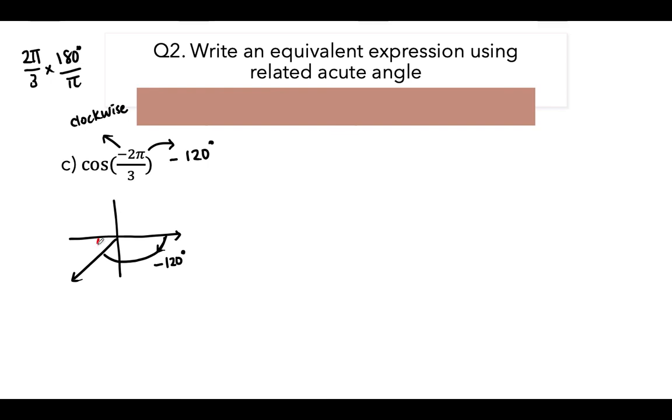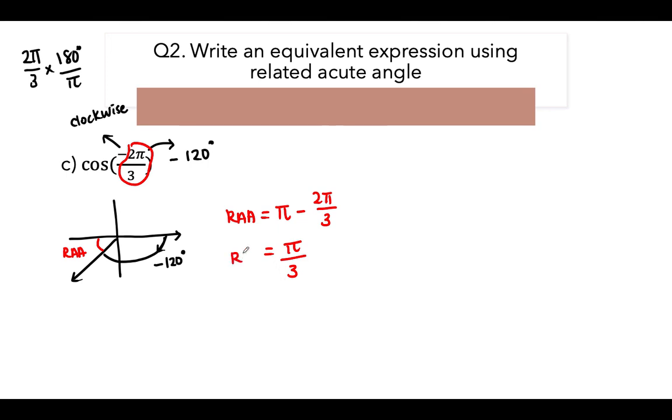Now we have to find the related acute from the x-axis to my terminal arm. So related acute in this case is pi minus, now don't worry about negative, we're not going to include negative. We're only considering the angle, which is 2 pi over 3. Okay, negative is only for direction. So when you make the same denominator, 3 pi over 3 minus 2 pi over 3, which is going to be 1 pi over 3.